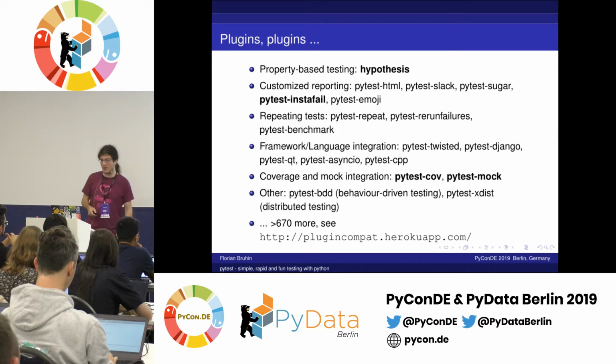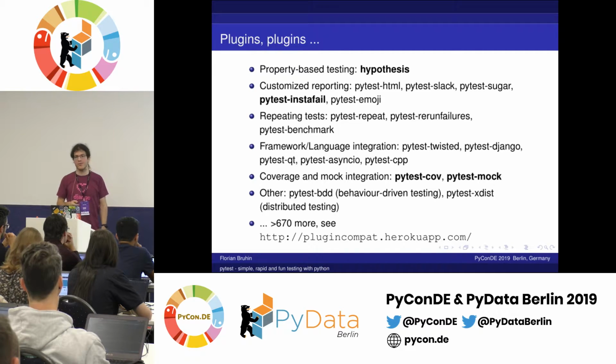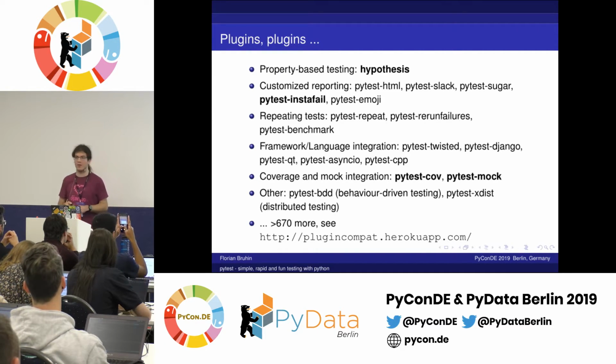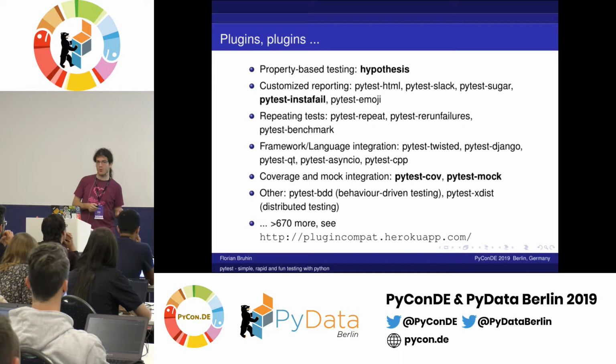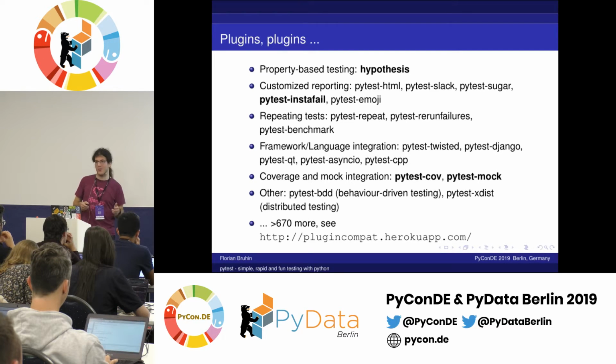Some plugins I want to highlight are Hypothesis, which is only half a PyTest plugin. You can actually use it directly with Python even. Hypothesis is property-based testing, so instead of writing tests, you tell Hypothesis, hey, give me some strings or give me some integers, and I have some property which should always hold.